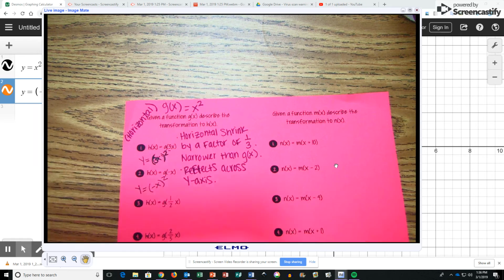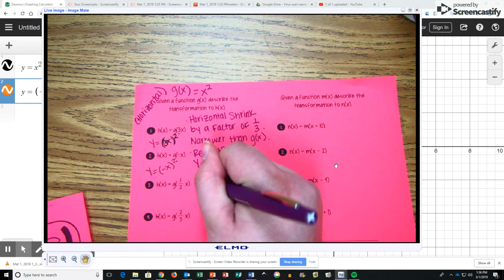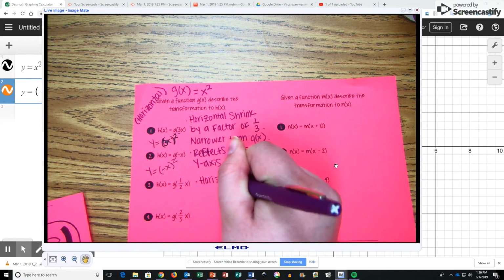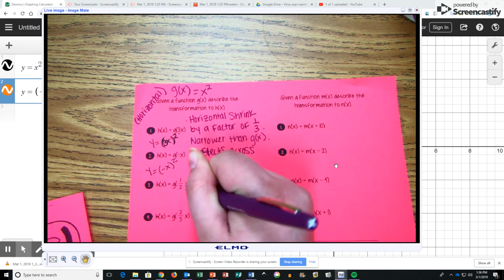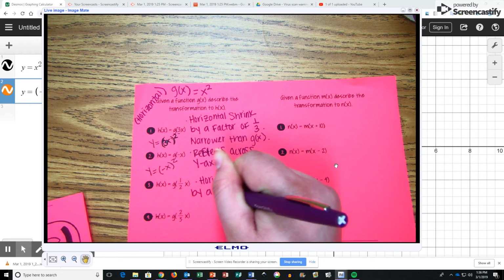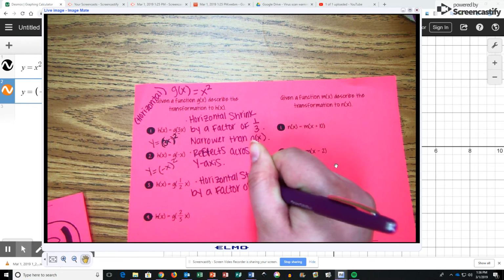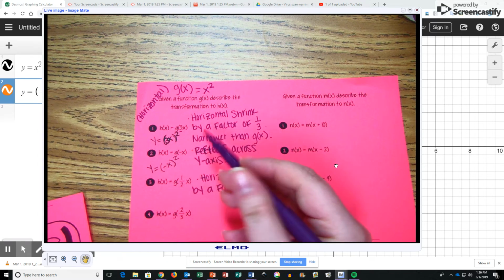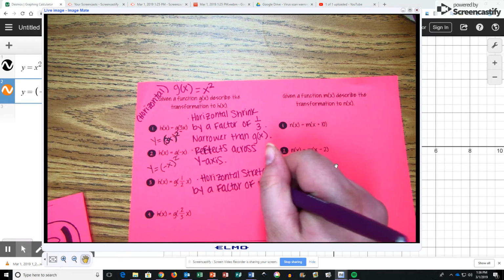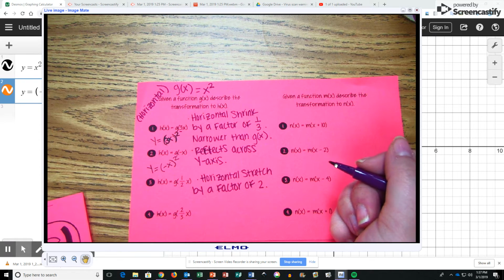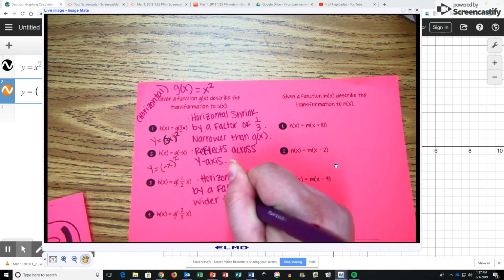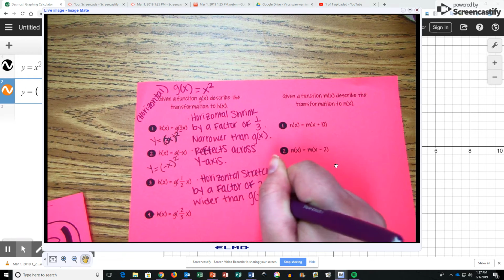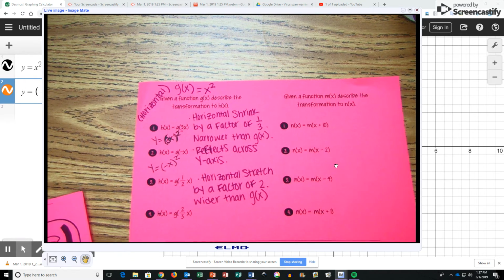So we're going to say horizontal stretch by a factor of, and remember everything in here is opposite, so it's not 1/2, it's going to be 2. It's a horizontal stretch, which tells me that it's going to be wider than g of x.